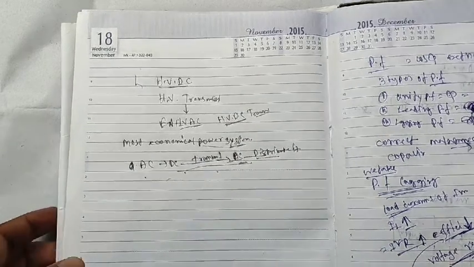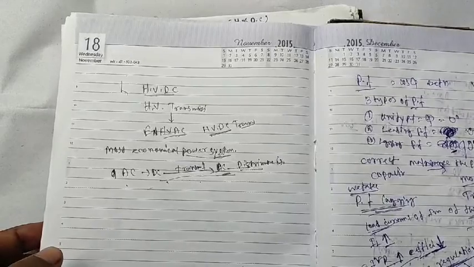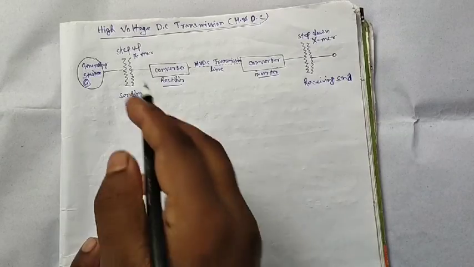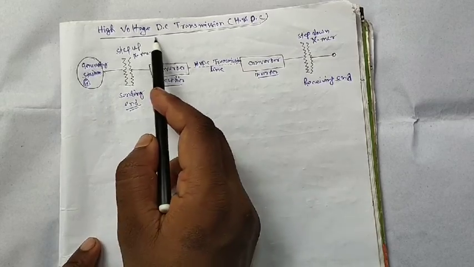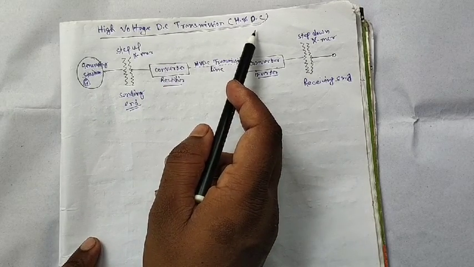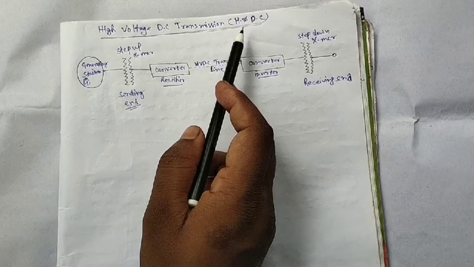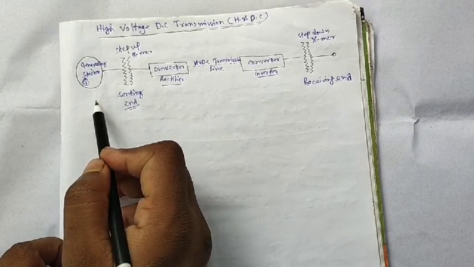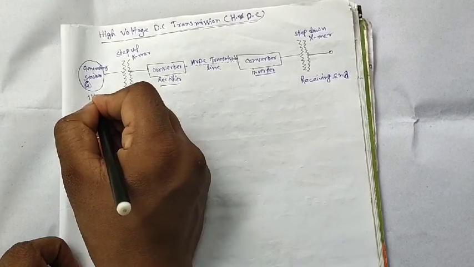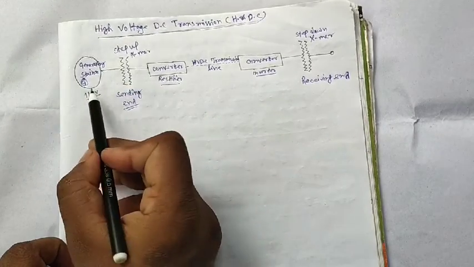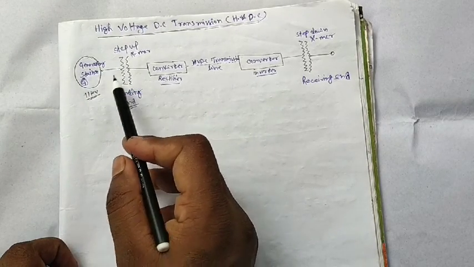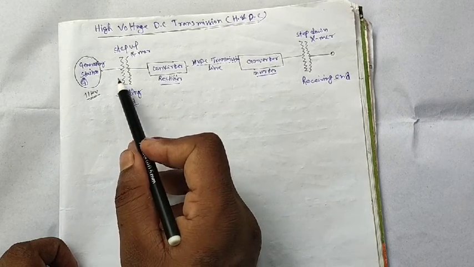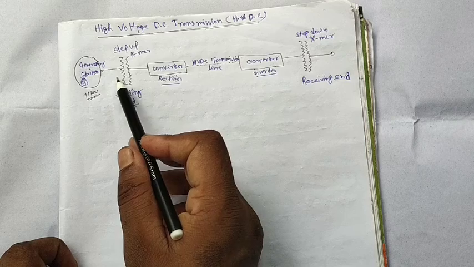Next we will look at the details of high voltage DC transmission. This is the layout diagram of a high voltage DC transmission system. This is the generating station. We generate, suppose, 11 kV AC power, and by a step-up transformer at the sending end we convert it into high voltage.